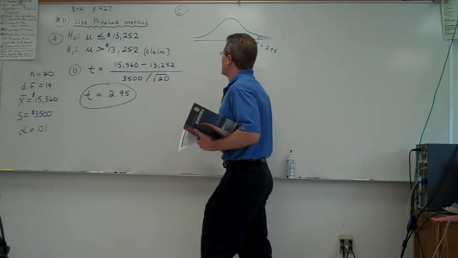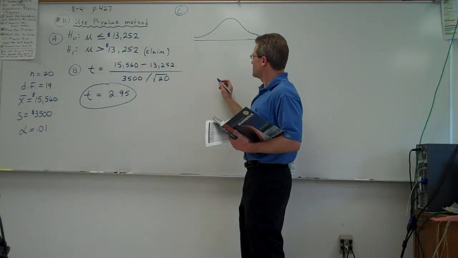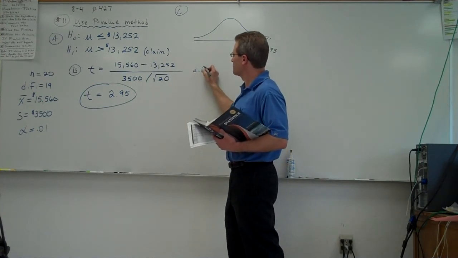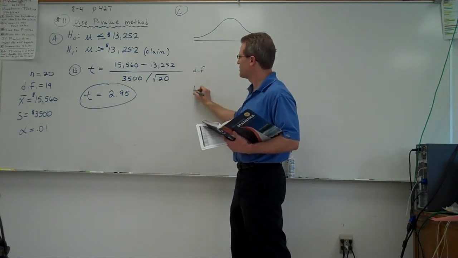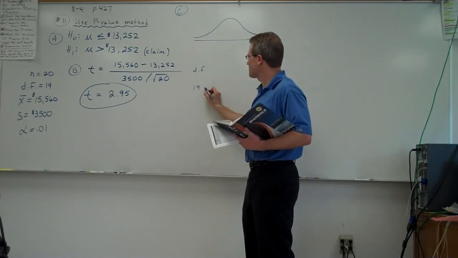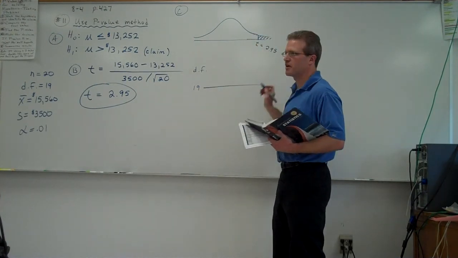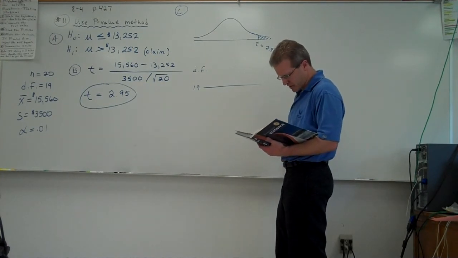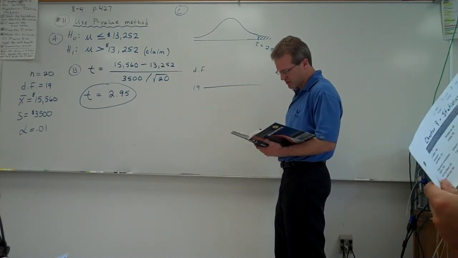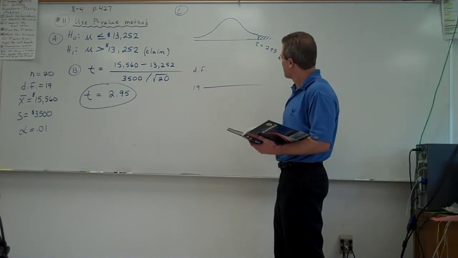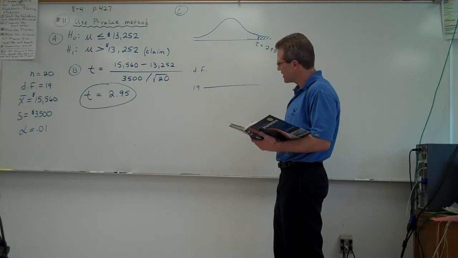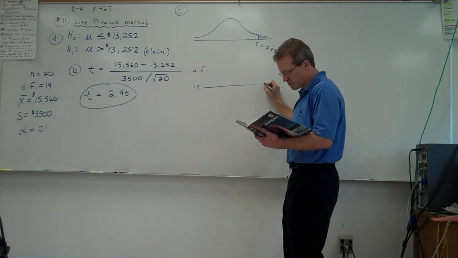Okay? So you go to your t-chart, and you go down to degrees of freedom, 20 minus 1 or 19. And you go across looking for 2.95. Probably won't be there though. As I look across at 19, I see 0.688, 1.328, 1.729, 2.093, 2.539, 2.861, and I just keep getting bigger and bigger.